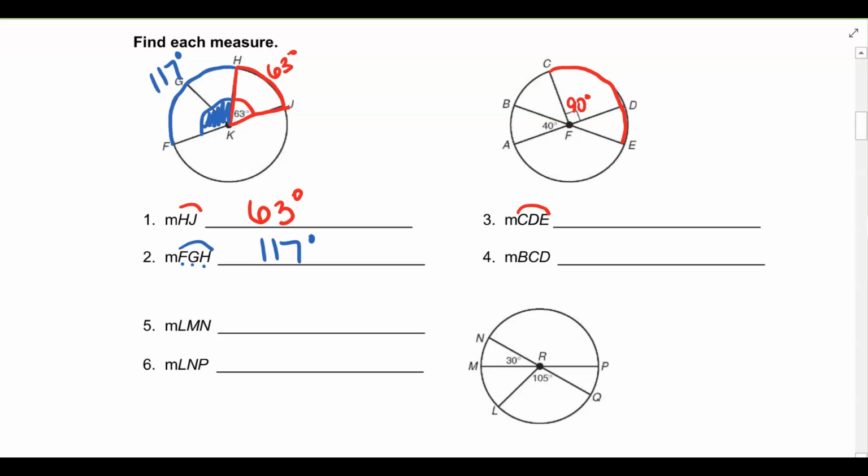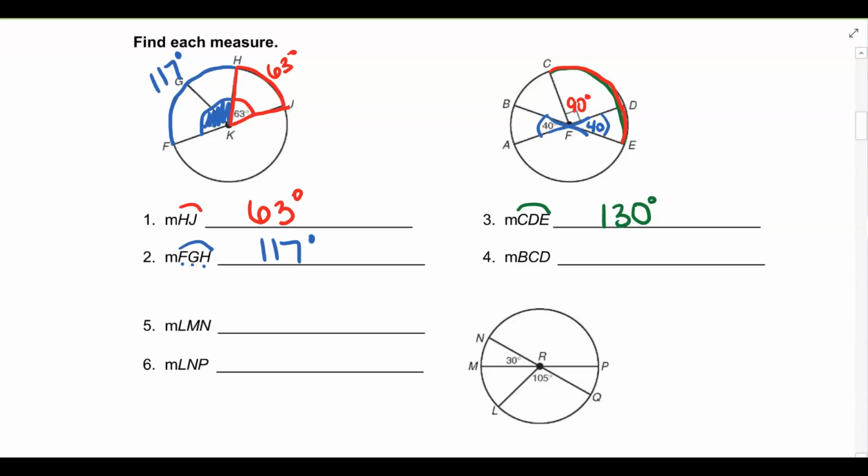Something you can also remember from Unit A, all the way back in the beginning of the school year, is that we have vertical angles here. We have 2 lines forming an X, so if this is 40 degrees, I know this is 40 degrees. Vertical angles are always congruent, and now I realize that this 90 degrees plus this 40 degrees is what makes up arc CDE. So the measure of that is going to be a total of 130 degrees.